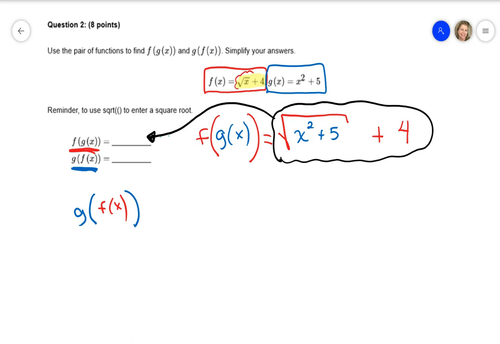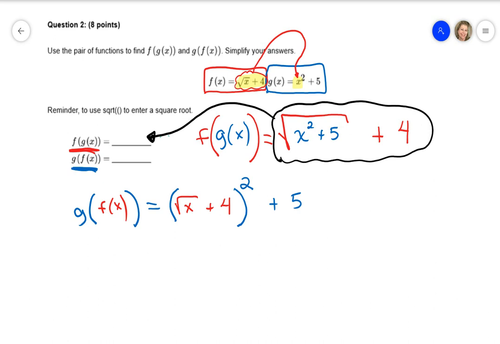I am going to take all of that and plug it into the other function where the x is. Except on this one, my x is raised to the second power. So I'm going to have to use parentheses because I need the entire f of x function to get squared, and then I'd have a plus 5. So I'm going to be putting in here the square root of x plus 4, squared, plus 5.